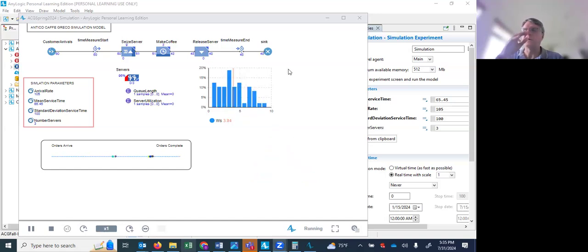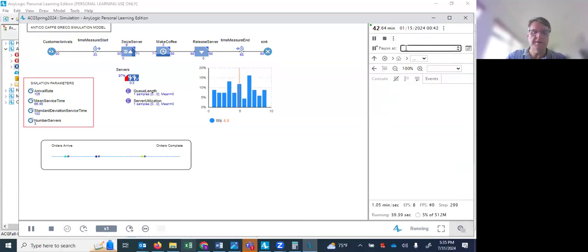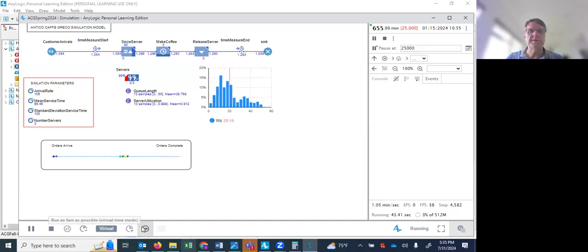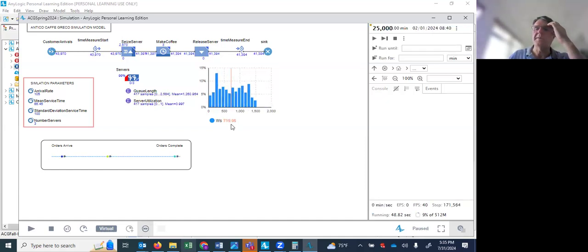So we're not going to get a complete match with the results from the queuing analysis, which is exact. Right, so I will analyze this for the usual 25,000 again. And I can just zap this. And you can see I'm really blowing up. 719 minutes. I want to just change the seed again.